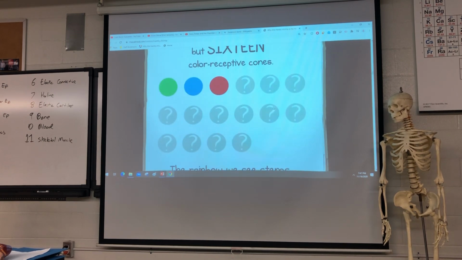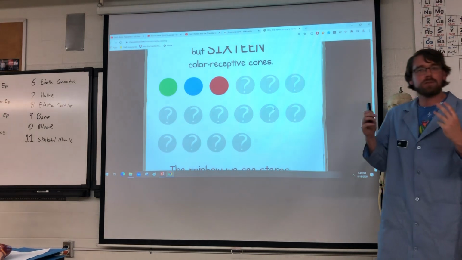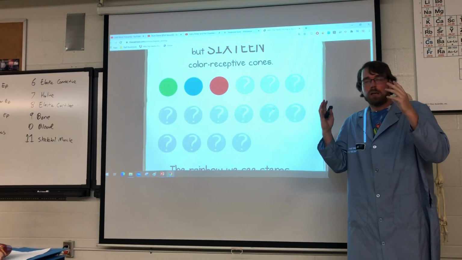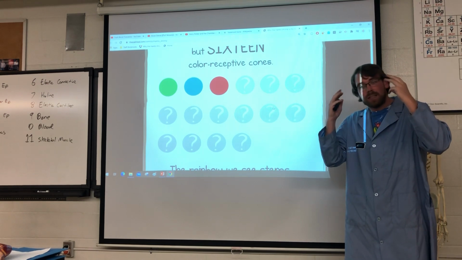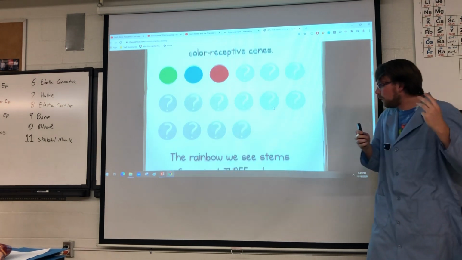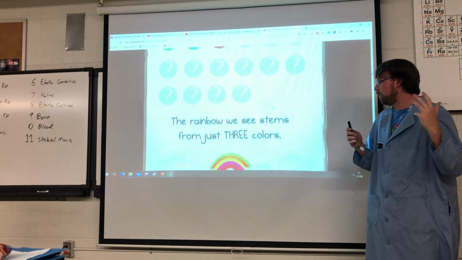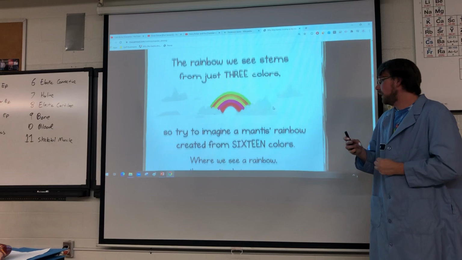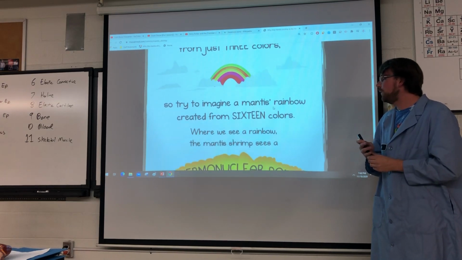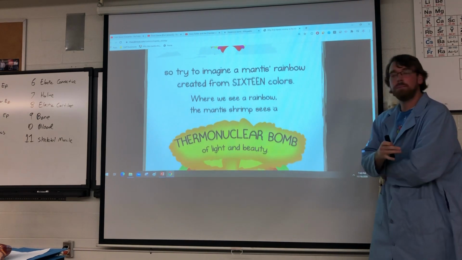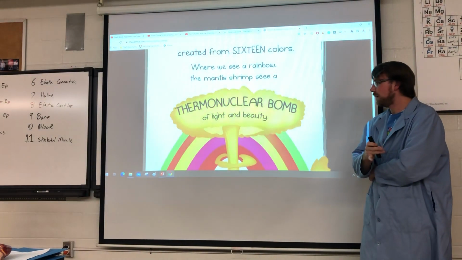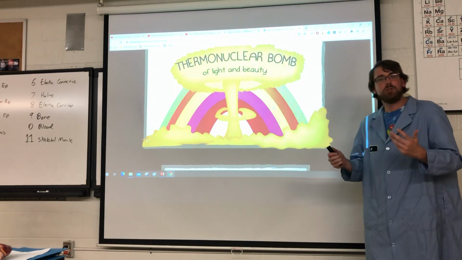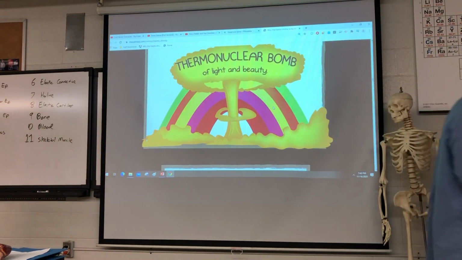It has 16 different color receptive cones. It is distinguishing 16 different individual colors. Our eyes are distinguishing 3. 3 gives us the rainbow. You get a rainbow from 3 color cones. So, like trying to imagine what the mantis shrimp can see with its visual system is a little mind-boggling.